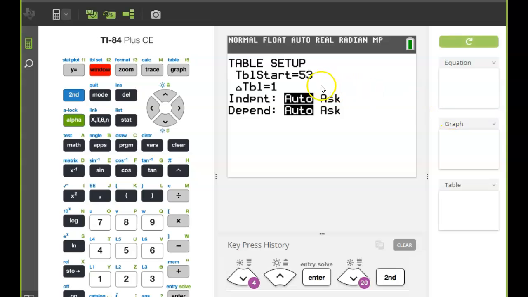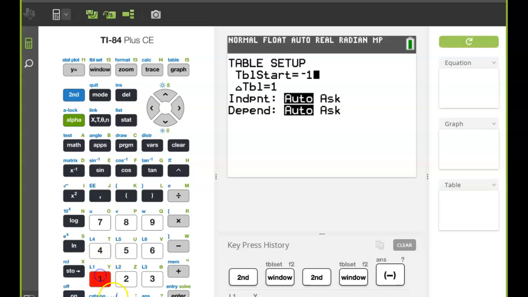Now, instead of starting at 53, I wanted to go to negative infinity. What if I go to negative 1200? I can't hit my 0 button, so I'm just going to go a big negative number.